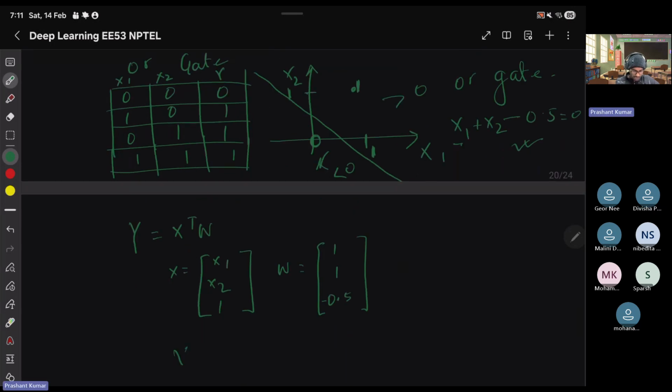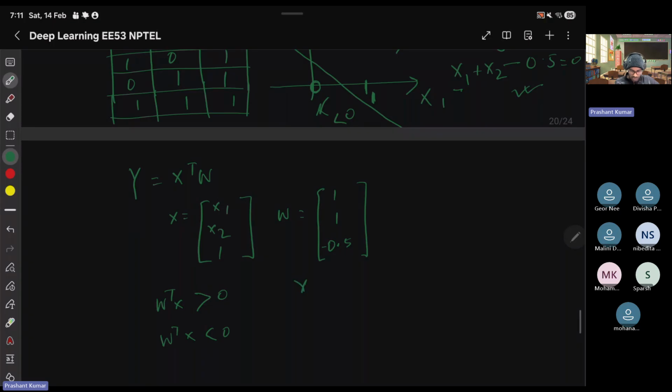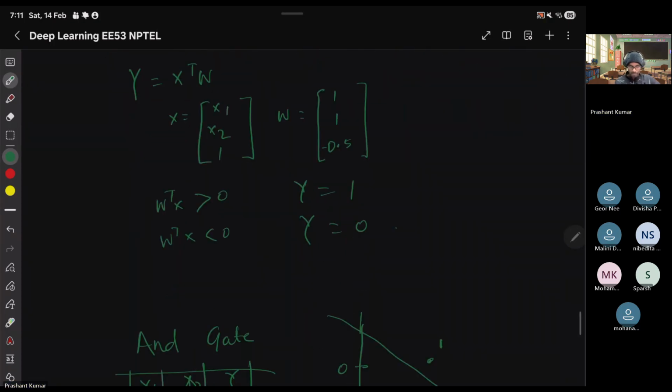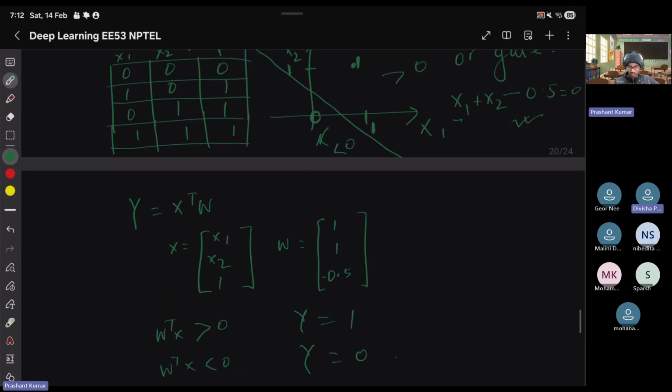And if Y is greater than 0, then it is producing 1. I mean, let's write W transpose X is greater than 0, Y is positive. And if W transpose X is less than 0, obviously, Y is 0. You mean classification, right? Yeah, classes. Simple classification. Okay.